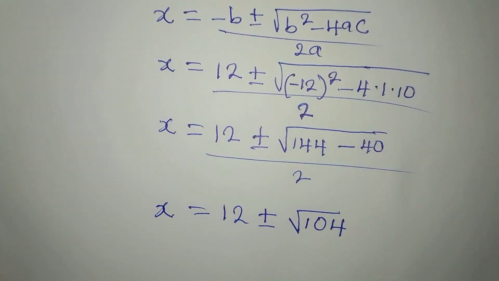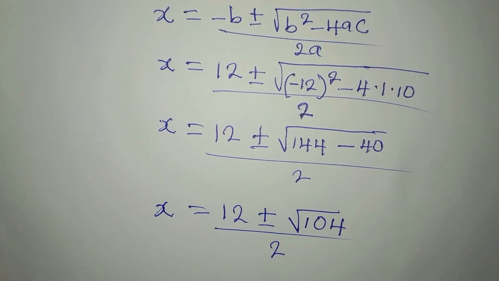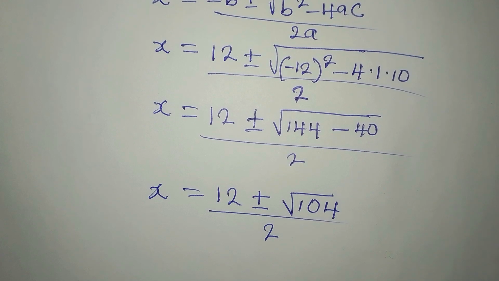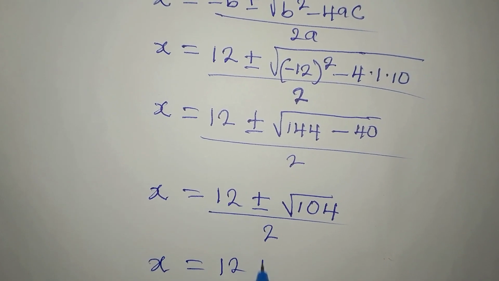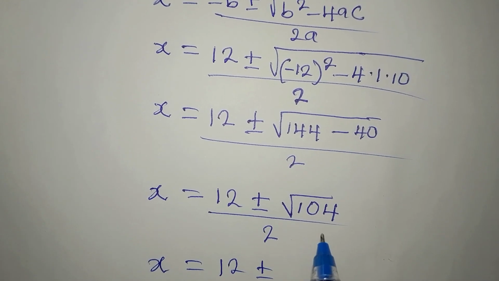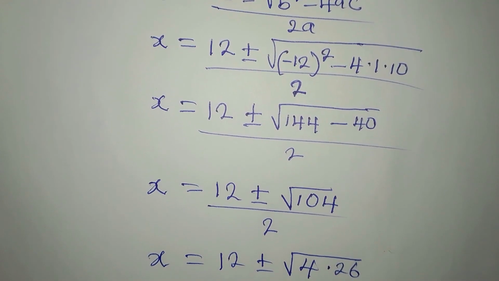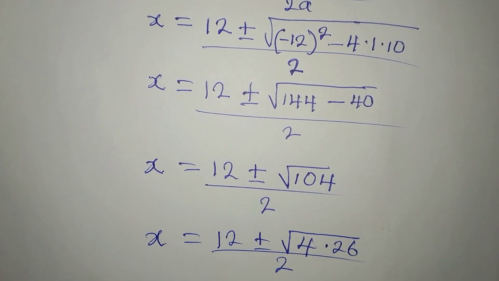Okay, so we have 104, and we divide this by 2, right? So let's continue. From here, x is equal to 12 plus or minus. This 104 is the same thing as 4 multiplied by 26. What I'm doing is to simplify the root there, then we divide by 2.